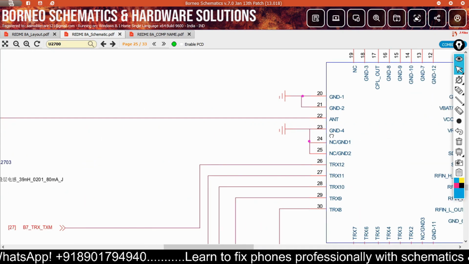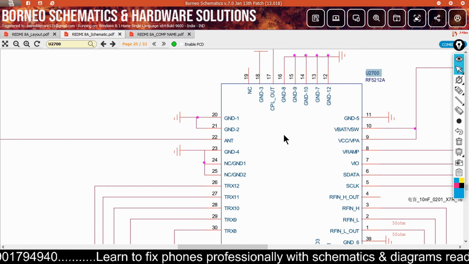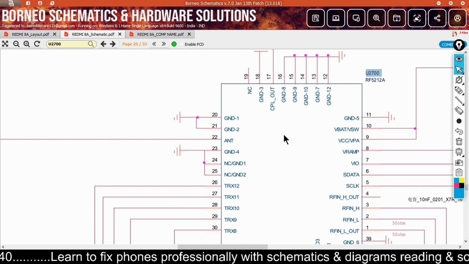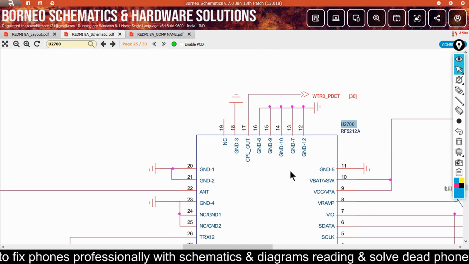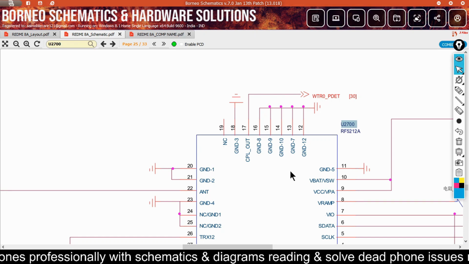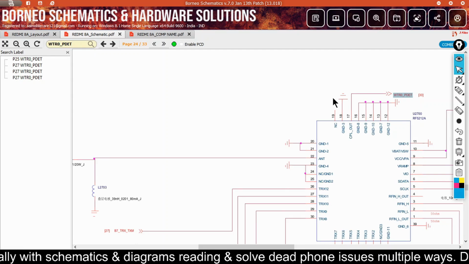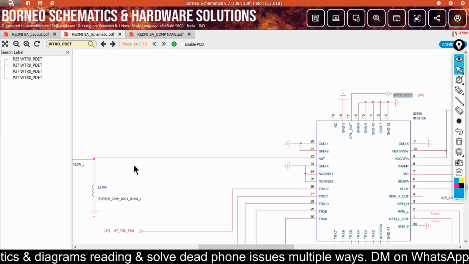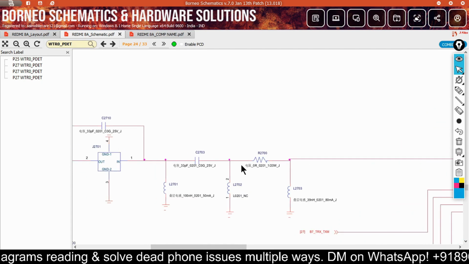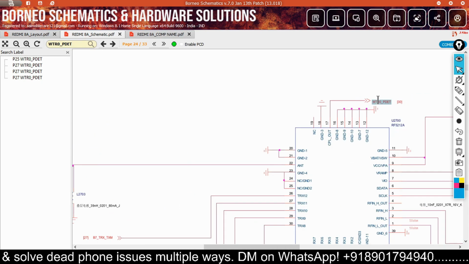When this line is connected to the antenna, I mean to say this IC, to recognize which bands are working, there is a line called CPL out. If this line is damaged, or this antenna line is damaged, the phone will also be in no service. There are multiple components like capacitors and resistors in series.